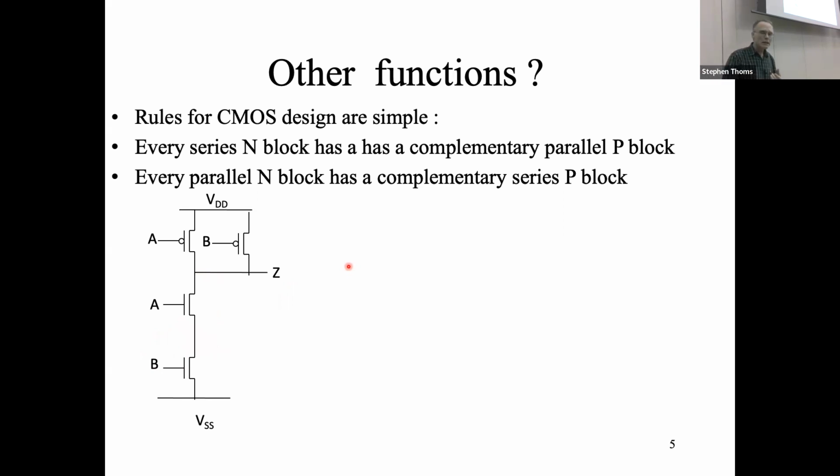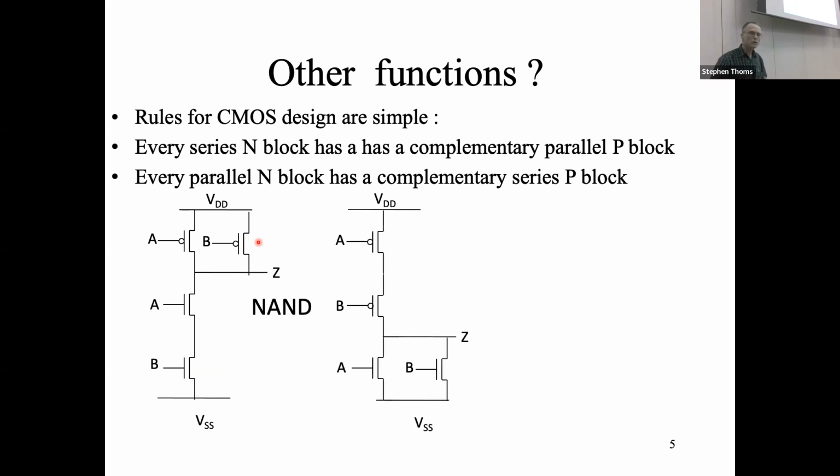And essentially what we need is that every series N block, so here's a series N block, has a complementary parallel P block. So that's in series, this is in parallel. And likewise, if you had a parallel N block, you would have a series complementary P block. We don't have that in this situation. So that's the basic rule. So that gives you a NAND gate.